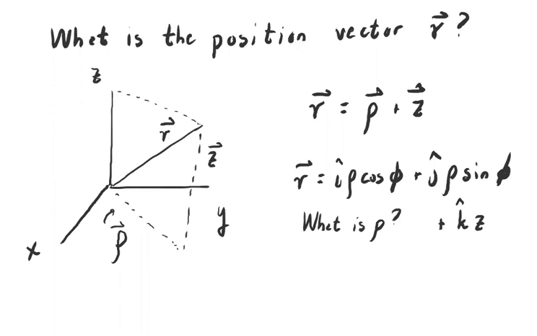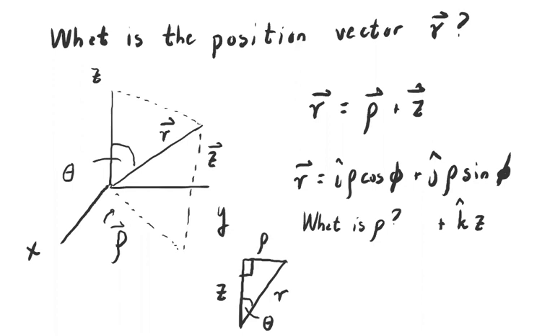So if I look at this diagram, where again this angle is theta, I can pull out of this diagram a nice little right triangle. That nice little right triangle is going to have a side z, a hypotenuse of r. This angle is theta, and that distance is rho.